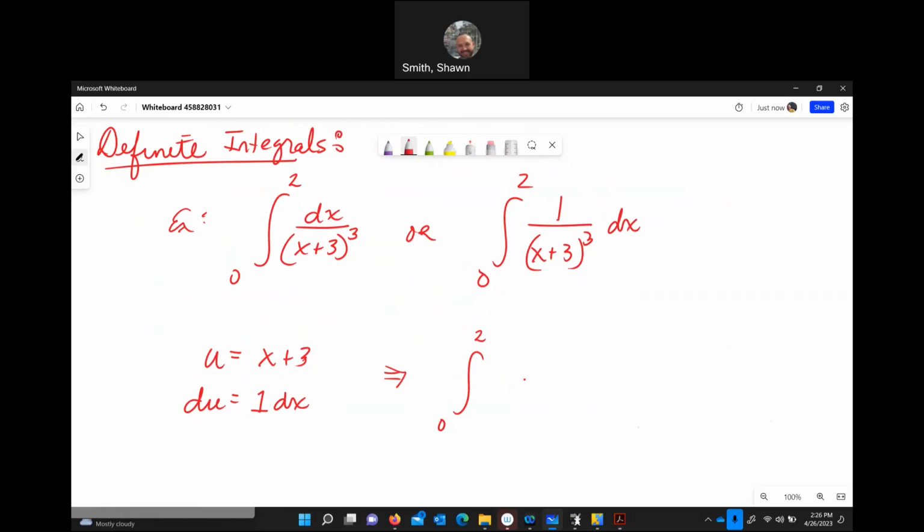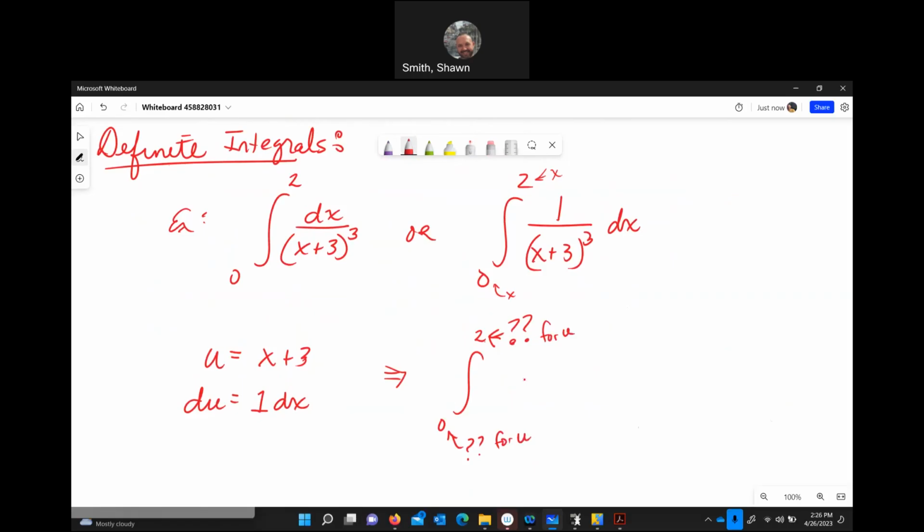All right, this 0 to 2 is for x, right? So is it 2 and 0 as my upper and lower limits of integration? This is for x. I'm making the substitution, so this is for u.